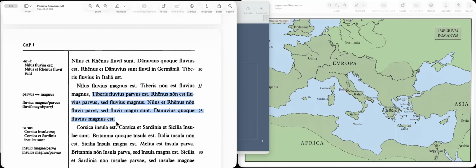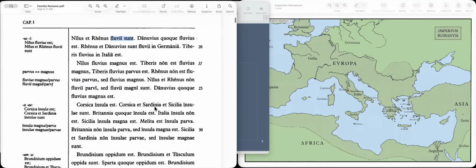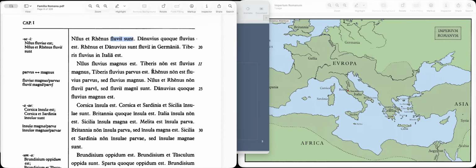Very good. So now we see two things here. We see one fluvius, and two fluvii. Fluvius parvus. Remember, parvus and magnus are opposites, meaning big.